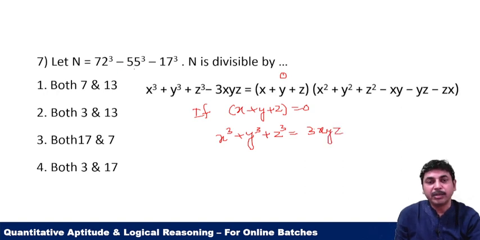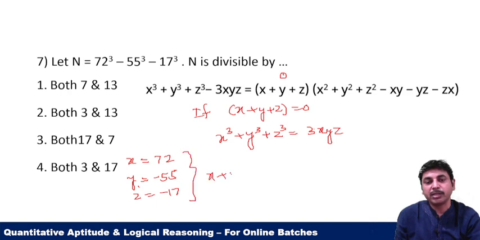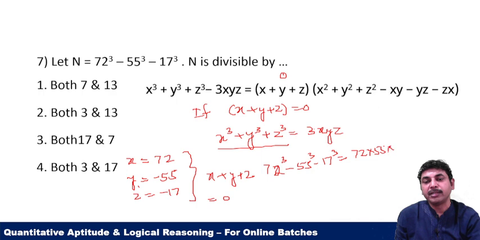If you compare this situation here, you get x as 72, y as minus 55, and z as minus 17. And here also we are getting x plus y plus z equal to 0. So we can say that 72 cube minus 55 cube minus 17 cube will be equal to 3 into 72 into 55 into 17.